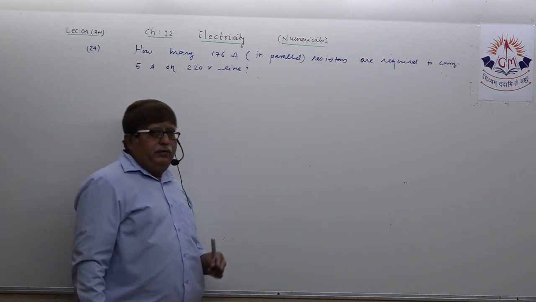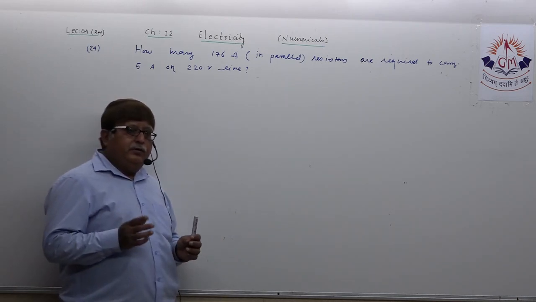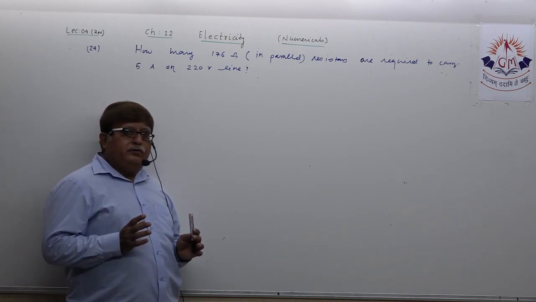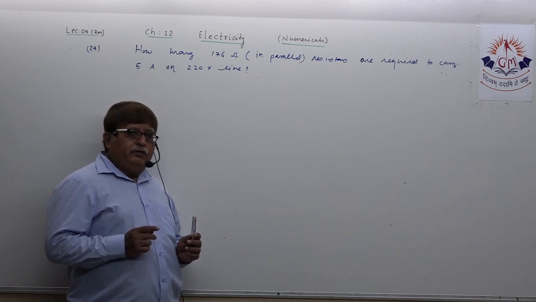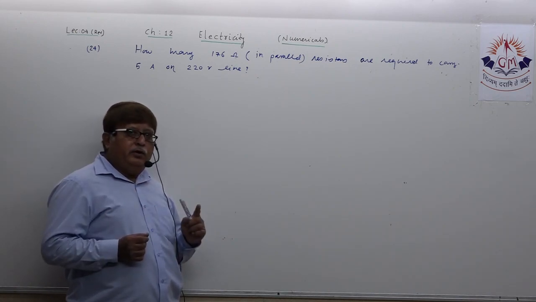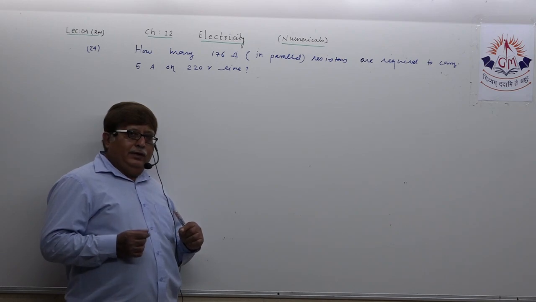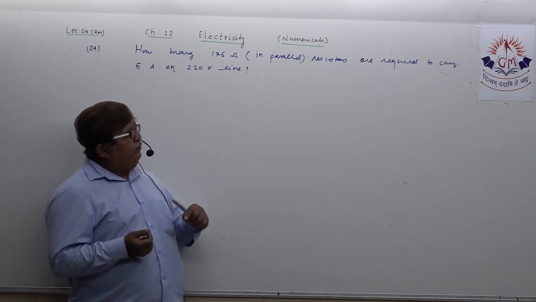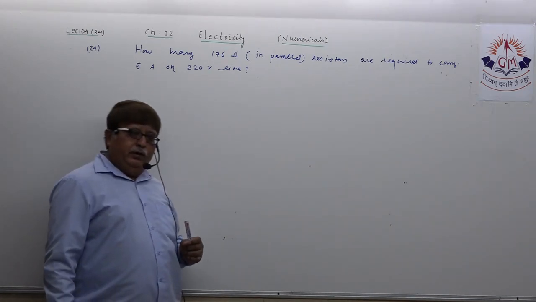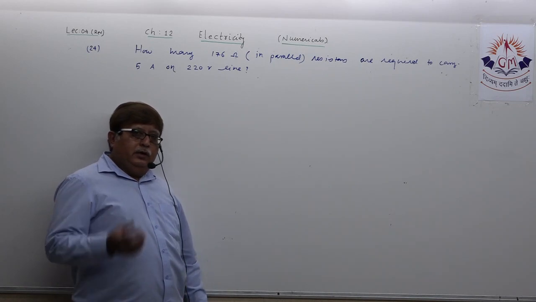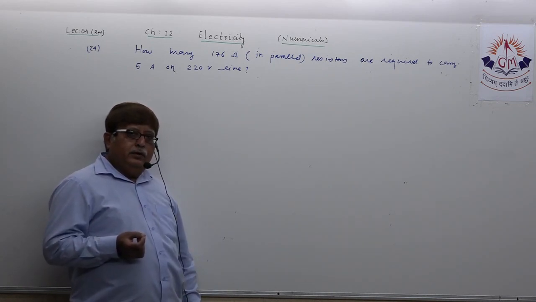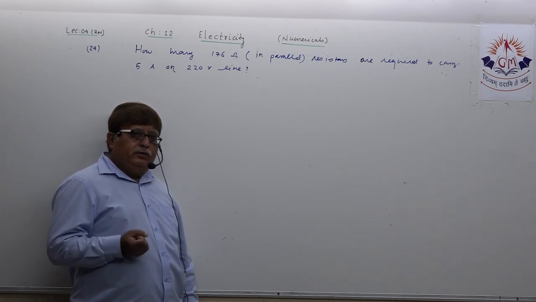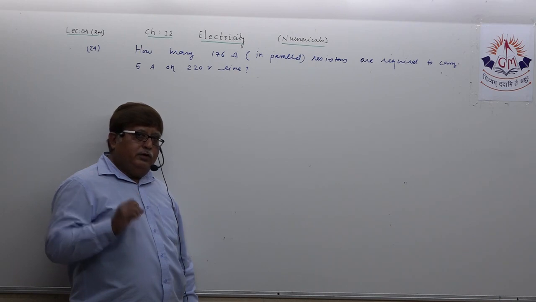Just first have a look at the sum and try to understand. They wanted to design a circuit which is connected with the main supply of 220 volt, and that circuit is going to draw the current of 5 ampere. Now you have some resistors available of 176 ohm each.